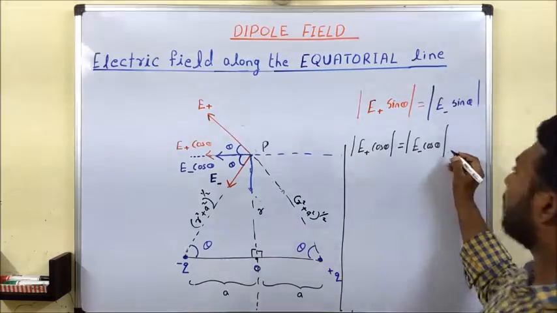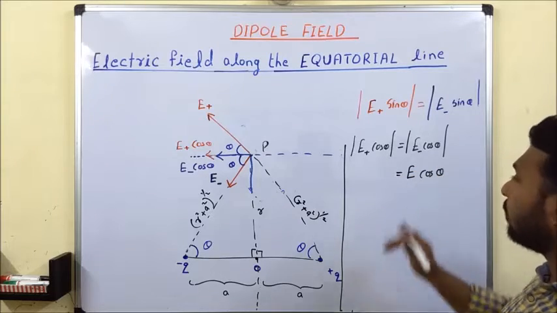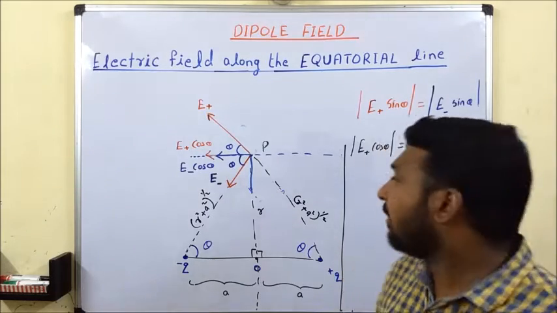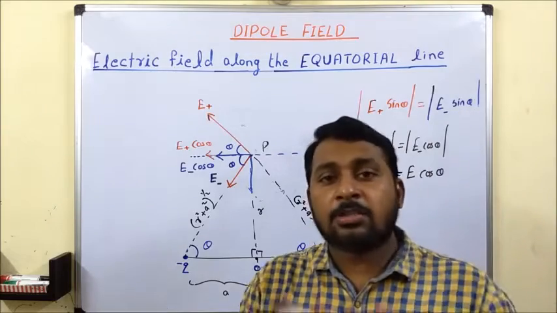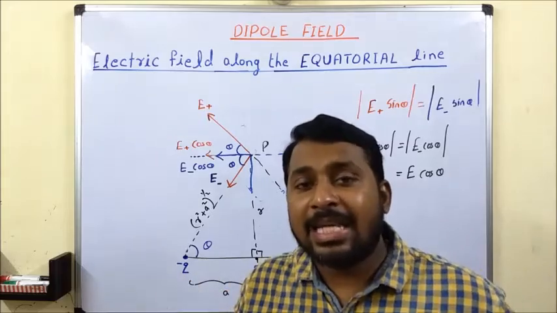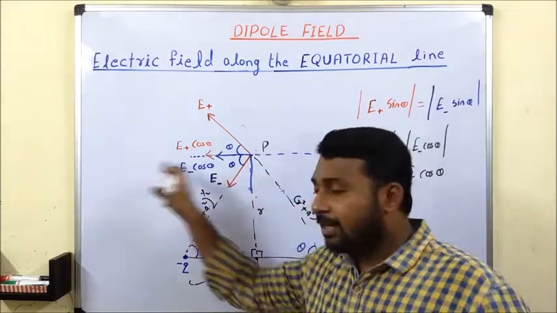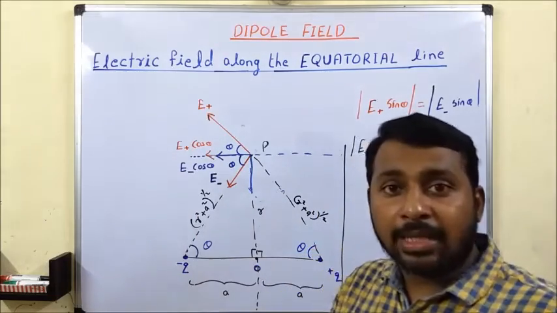So I can simply write this as E cos theta, for either plus or minus, it doesn't matter, because they have the same values, and they are along the same direction, and they will get added up.